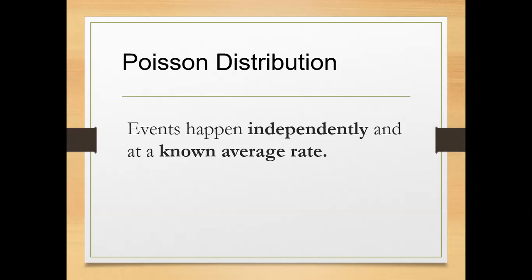Cars travel past me independently of one another and at a known average rate. I would collect data for a while until I had an average rate per time unit interval. What's weird is that with the Poisson distribution, you know the average before you even know the distribution at all, before you know the actual probabilities themselves. You collect data and you know the average first.